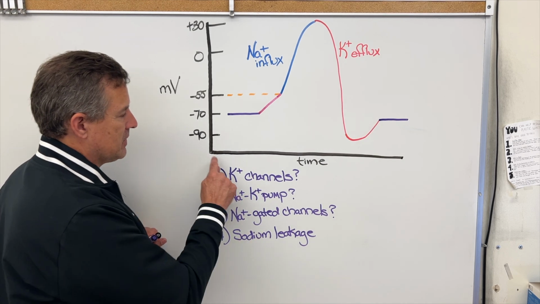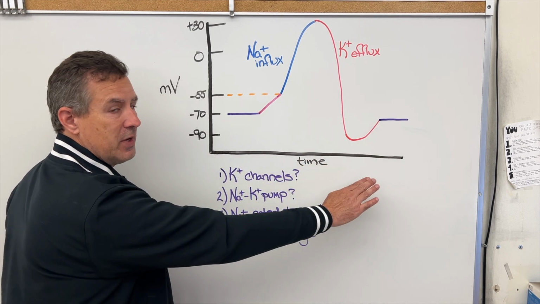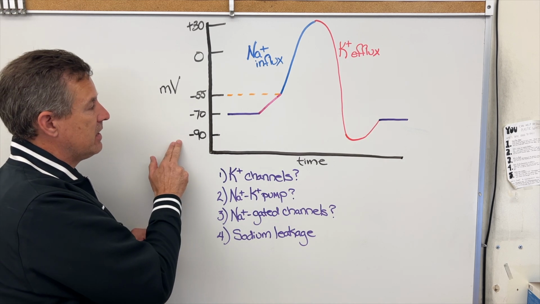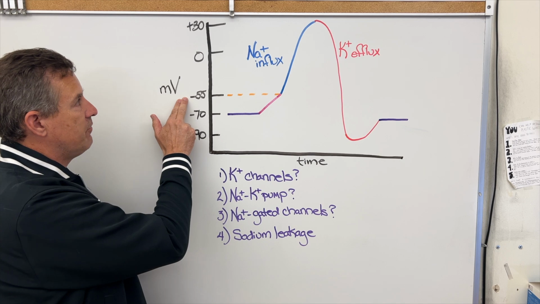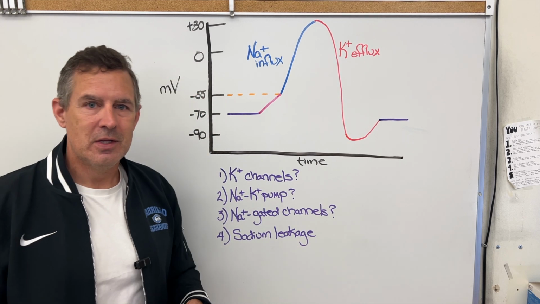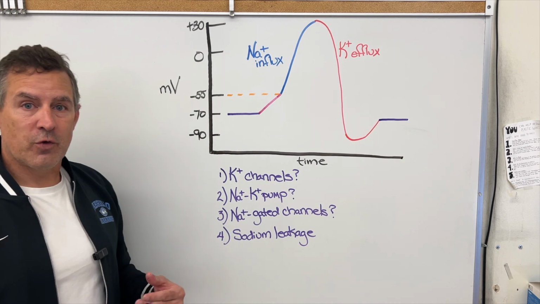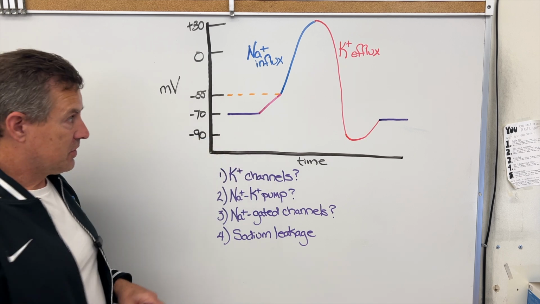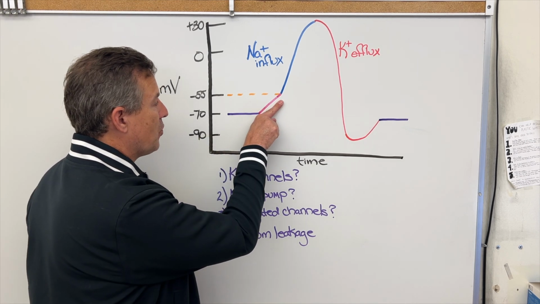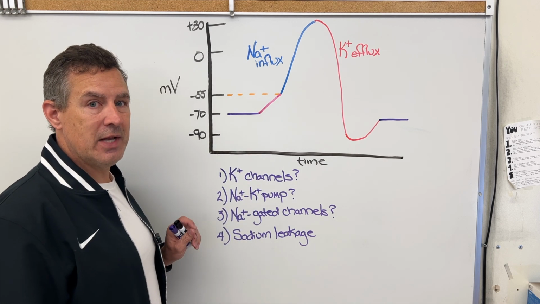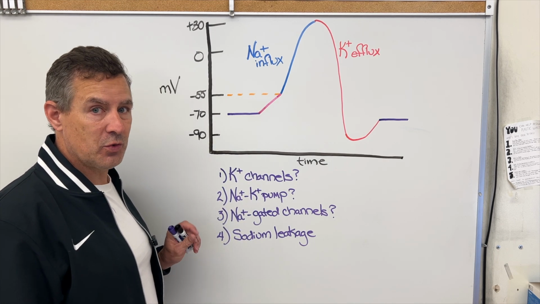Now, I should back up and say on this graph, on the x-axis we have time, on the y-axis we have millivolts, -90 millivolts, -70, -55, 0, and +30. I realize that's not really to scale, but this will work for our purposes. So resting state at -70 millivolts. Right here, we have graded potential that takes the neuron up to -55 millivolts, which is threshold.